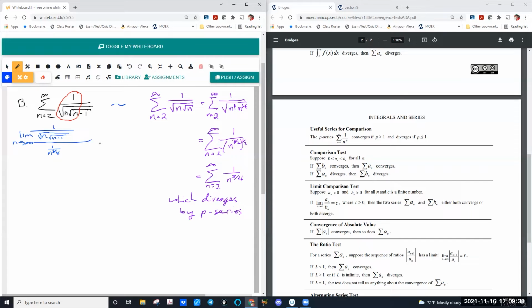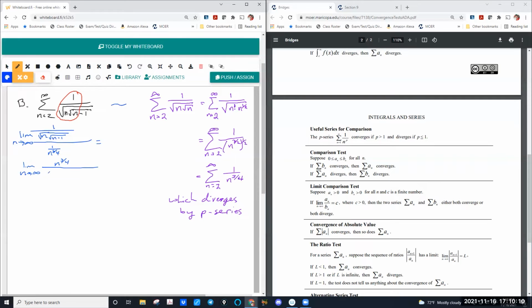So we have the limit as n goes to infinity of n to the 3/4 over... We might want to make a decision at some point whether we keep these in terms of radicals or change them to fractional exponents.